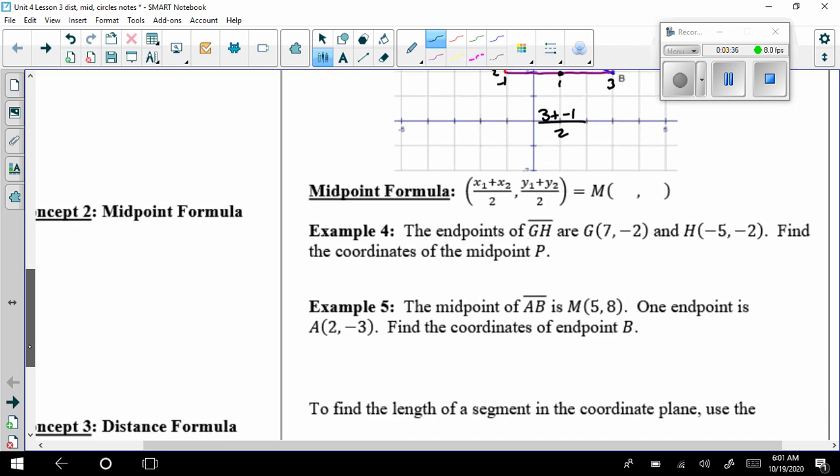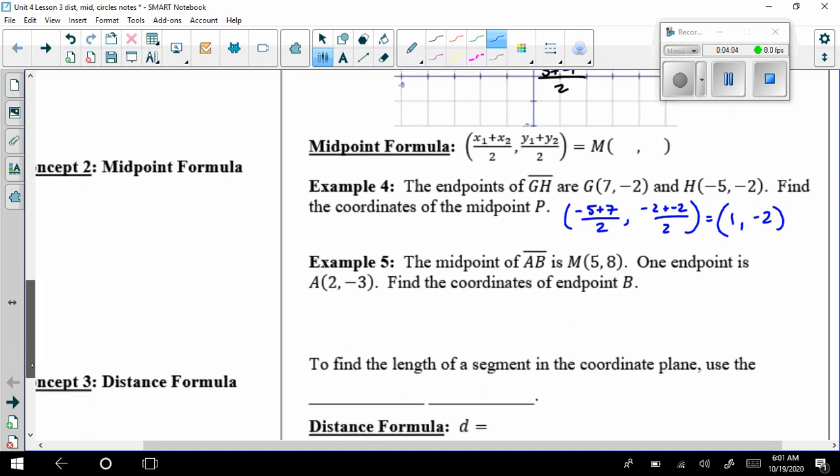Okay, so if you have endpoints at 7, -2, and -5, -2, you can easily find the coordinates of the midpoint by taking -5 plus 7 divided by 2, and then also -2 plus -2 divided by 2. And so your midpoint ends up being, well, that's 2 divided by 2 is 1. And that's -4 divided by 2 is -2.